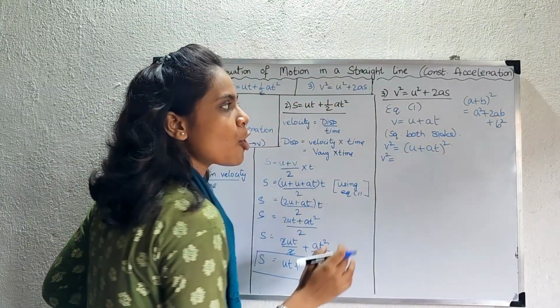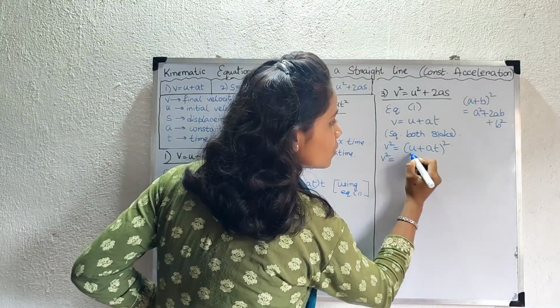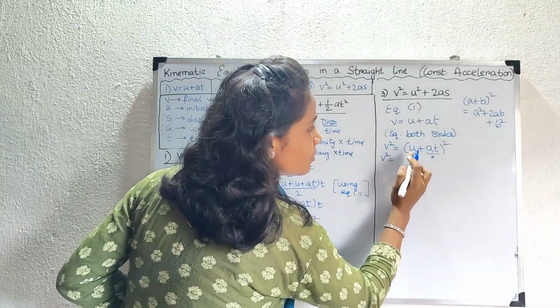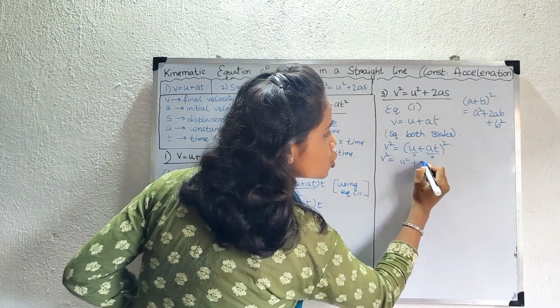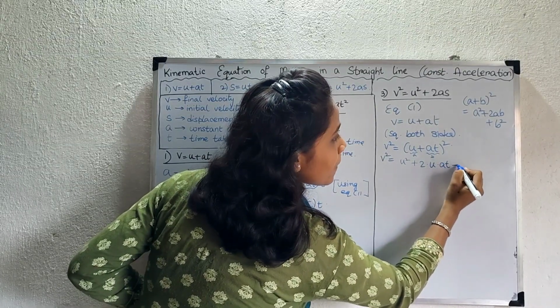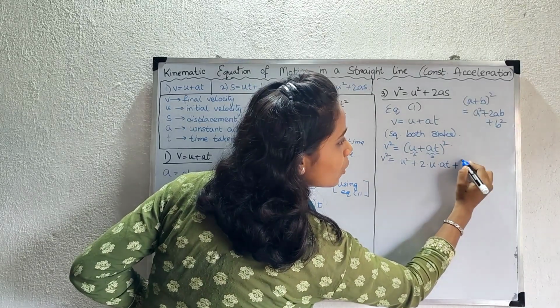So see, here a is u, and at is b. So a square means u square, plus 2ab means 2 into u into at, plus b square means at whole square.